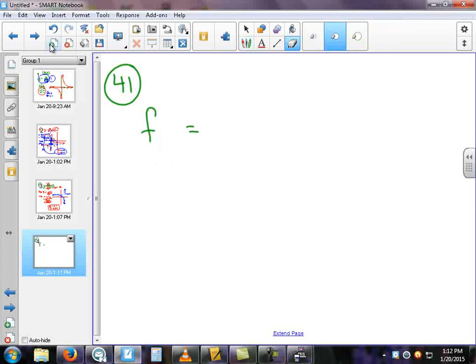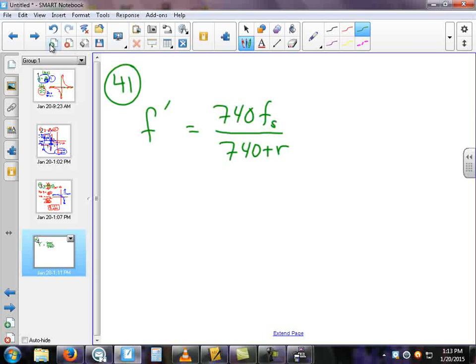I typically would do something more like f prime with an apostrophe after it, equals 740 fs, or the frequency of the sound, divided by 740 plus r. Now the 740 has to do with the speed of sound in air. Okay, how many feet per second it travels. Okay, and we next need the other version.